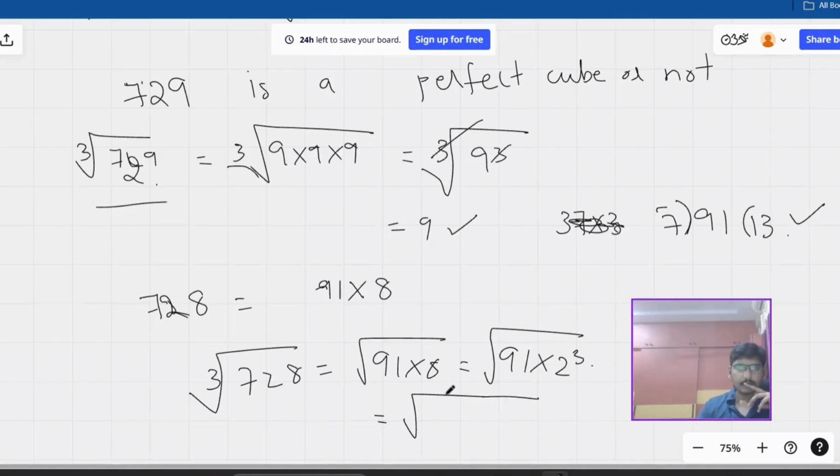Yes. So it becomes 7 into 13 into 2 cube.